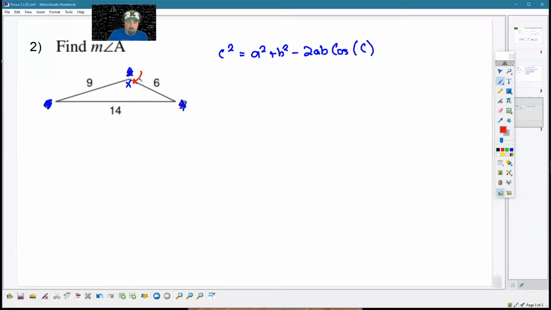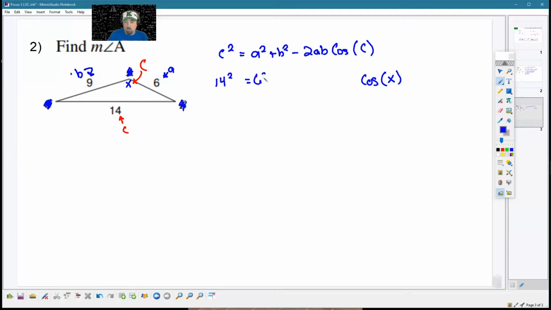This is the big C, angle C. And the side opposite of that is 14, so that's going to be my side C. I'm going to put those in first, okay? 14 squared goes here, and this is going to be cosine of my x. I'm going to label this A. I'm going to label this B.